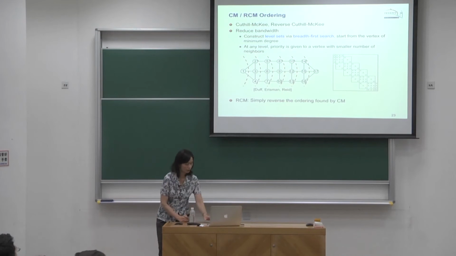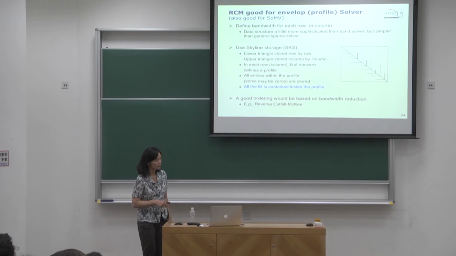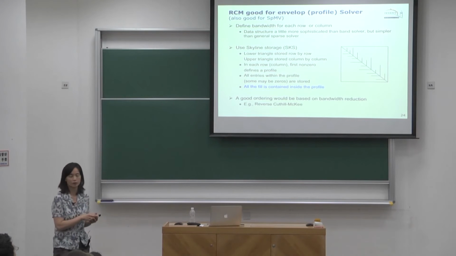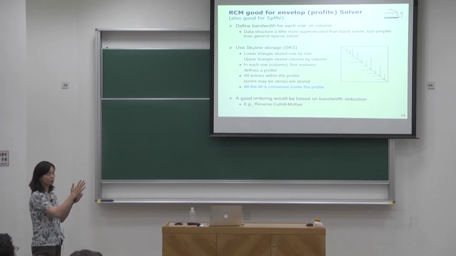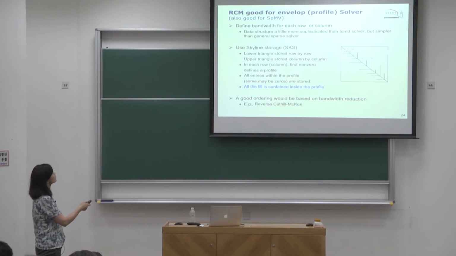And there's not much theory about this. Okay, so this is useful for SpMV, right? Remember we talked about distributed SpMV. If you can reduce the bandwidth, then you don't need to fetch the x vector from many places. So that's good for SpMV. And it turns out it's also good for the envelope profile solver.